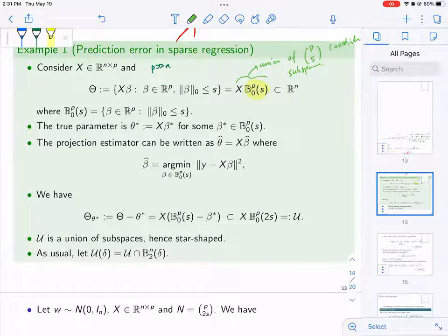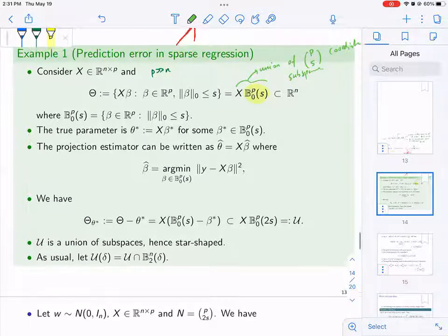In order to understand this, I have to do the centering around theta star and then put an L2 ball of radius u. If I do the centering, because this is x beta and this is x beta star, the centering would effectively center this ball around beta star and then take the image under x.